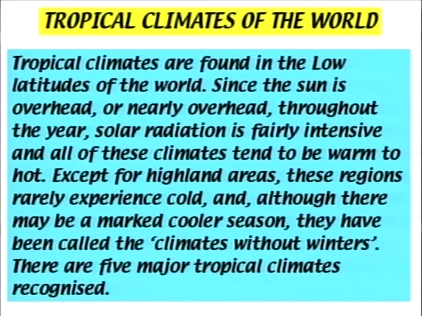There are 5 major tropical climates which are recognized. One of the important characteristics that you will pick up from this introduction is that those climates under tropical climates have warm to hot temperatures right throughout the year. And the reason why the temperatures are warm to hot is because the sun is directly above or nearly overhead those areas throughout the year.